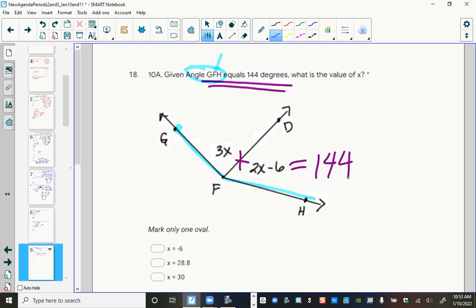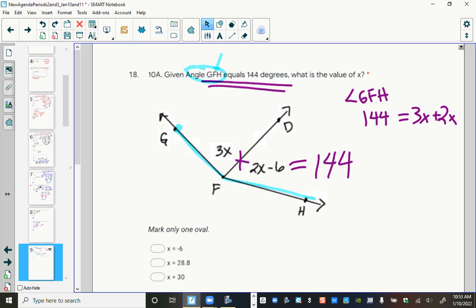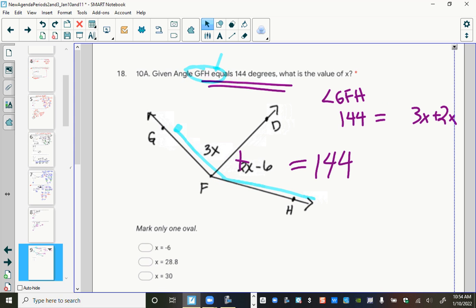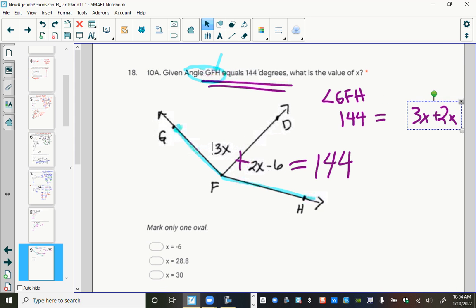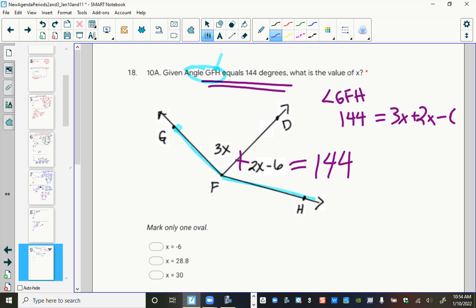It said GFH is 144, which is then the same amount as the two smaller angles, 3x plus 2x minus 6. So this is the equation that we need.